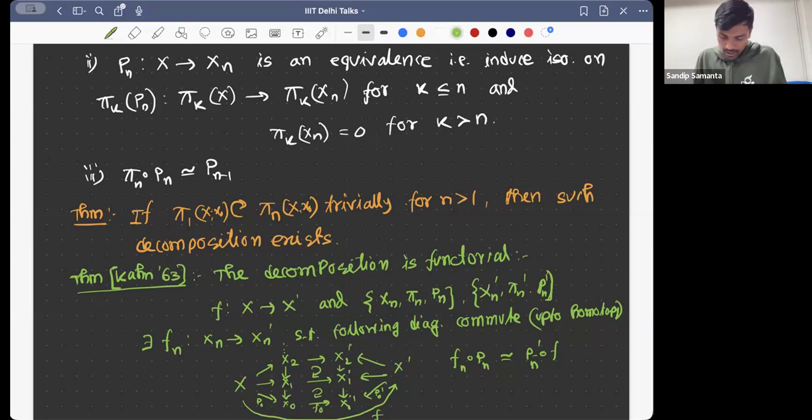Okay. And also there is another invariant associated to this Postnikov decomposition, that's called the nth k invariant for the decomposition. And when I say there exist fn, these fn are unique up to homotopy.